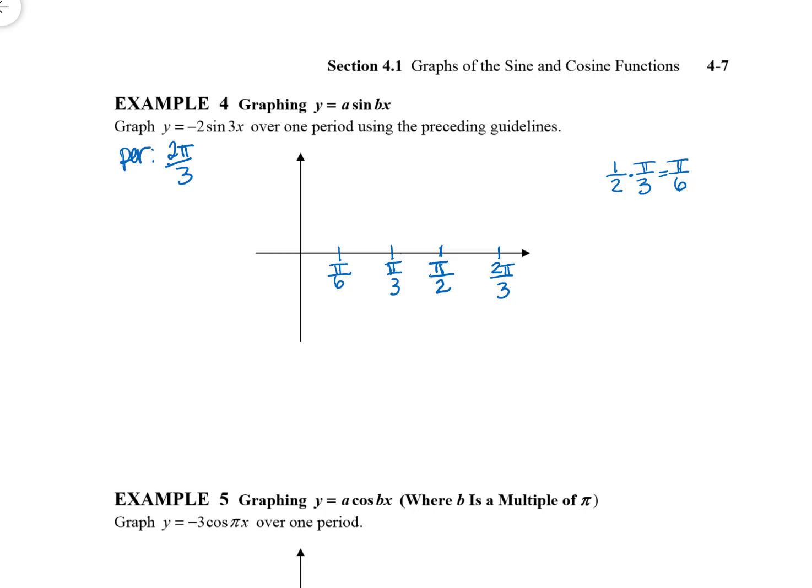If that's too confusing, you can take half of the sum of pi over 3 and 2 pi over 3. That's half of 3 pi over 3, and that reduces to pi over 2. So the 3's divide out.